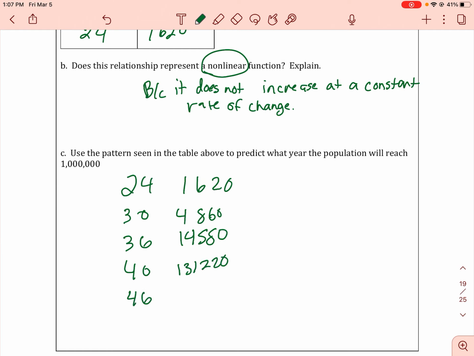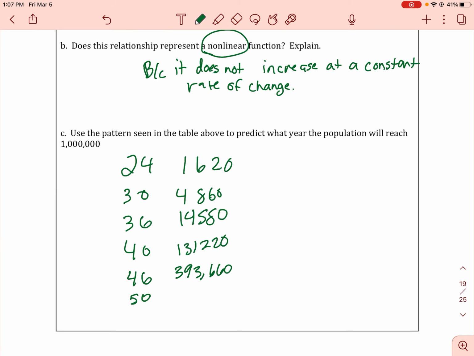Then in 46 months, 393,660 rabbits, and then in 50 months, we'll be at 1,180,908.